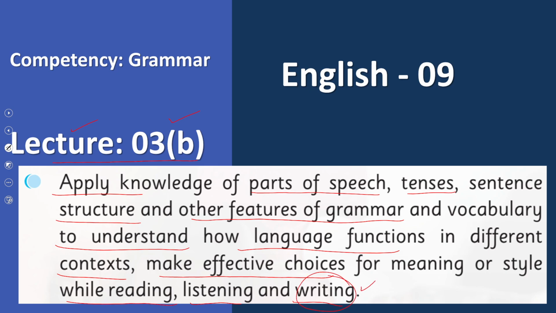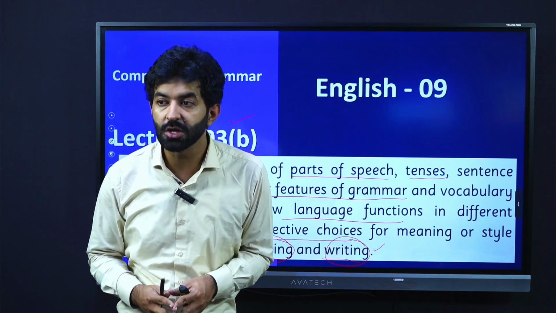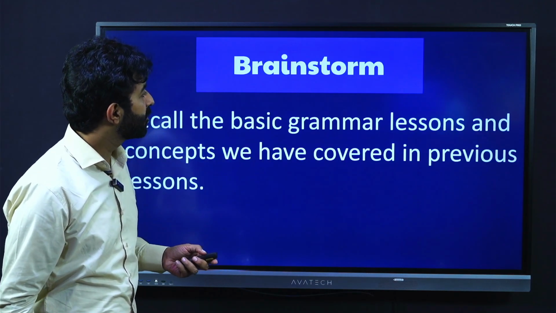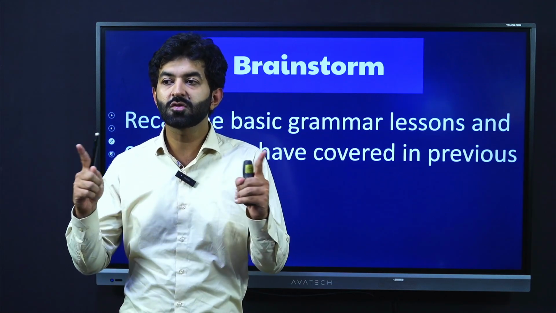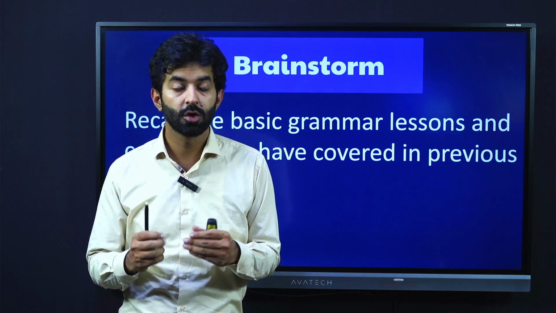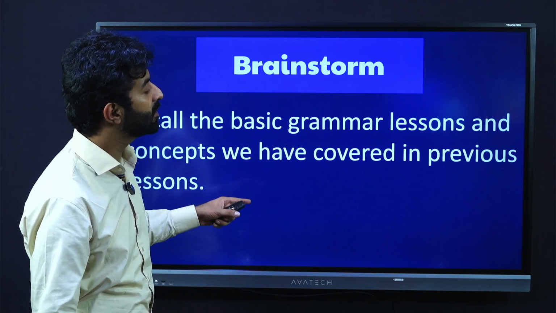So we are clear that in writing, in listening, and in reading, and even in our speech, in our speaking competency, we have a very good utilization of these grammatical rules. So we have covered so many topics and worksheets, skill sheets, and question banks. Now, if you practice all together, all of these important points in this learning outcome, you can successfully achieve this student's learning outcome and learn it accordingly.